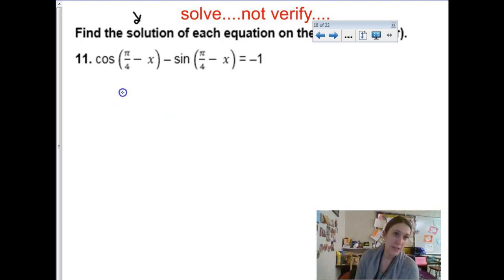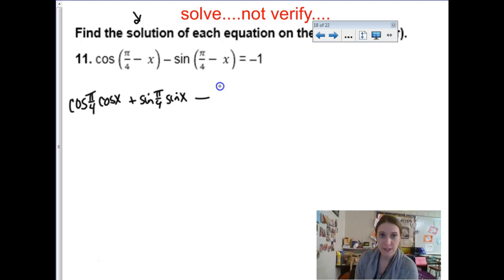So, cosine of pi over 4 minus x. I'm going to expand this into our cosine difference formula. So cosine plus sine, and then there's a big subtraction sign, and I'm going to use parentheses on this next part because I have to distribute that subtraction in a moment.